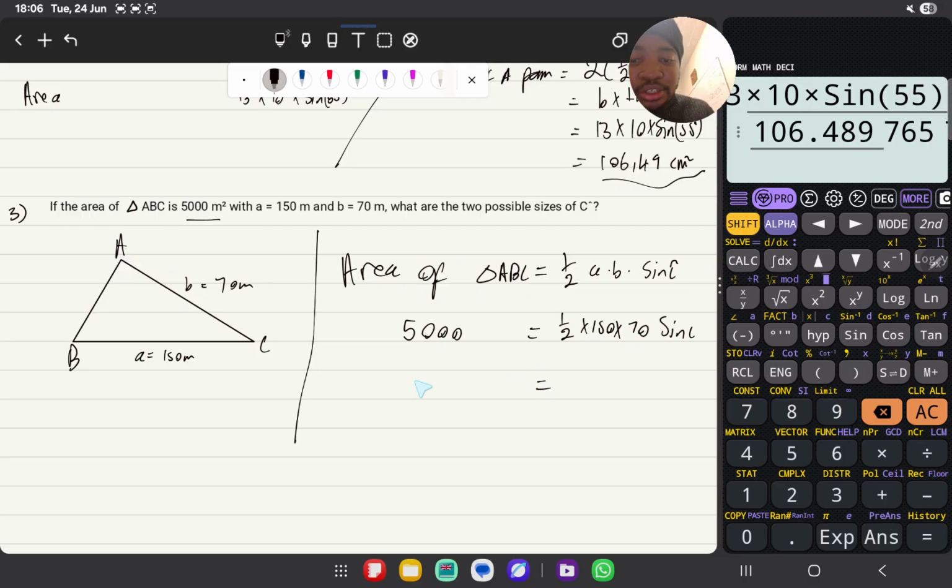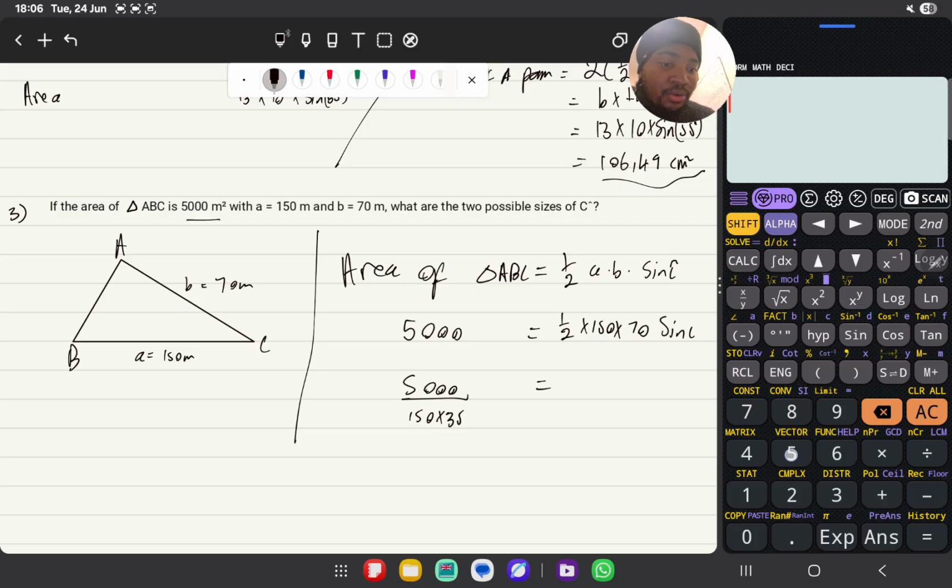That means on this side you will have 5,000 divided by 150 times 35. Yeah, 70 and a half is 35.